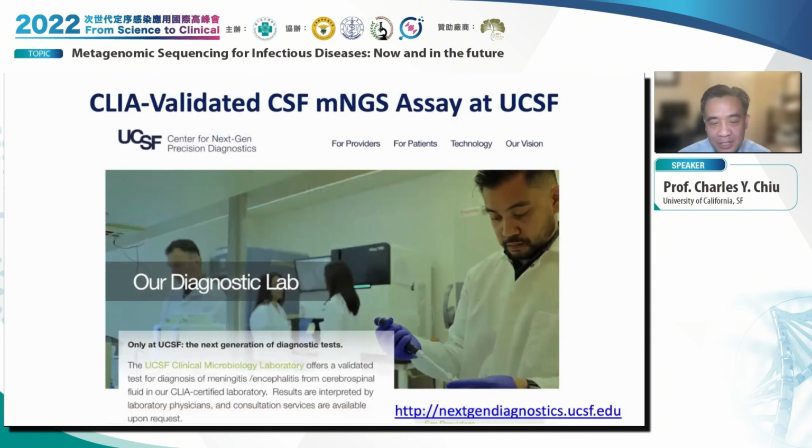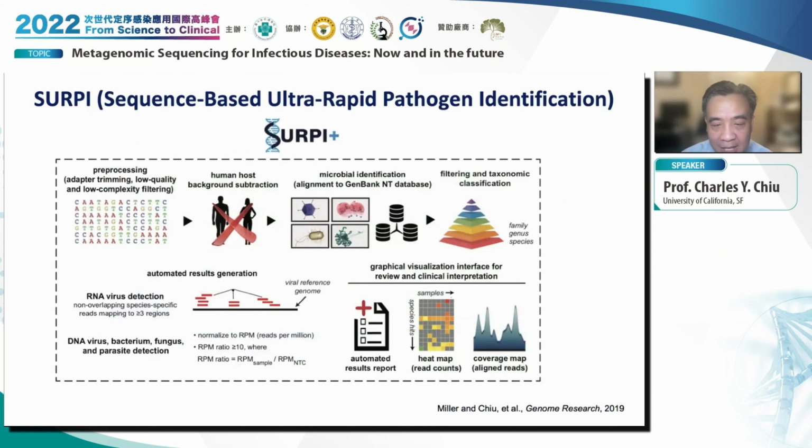So we've developed and validated these at UCSF, and we currently offer both a spinal fluid assay, of which Dr. Wilson has talked about in the previous talk, as well as an assay from plasma. And I'll also talk about some new assays that are currently in development. And what we typically do with the assay is, you can think of the analysis of the sequencing data as a black box.